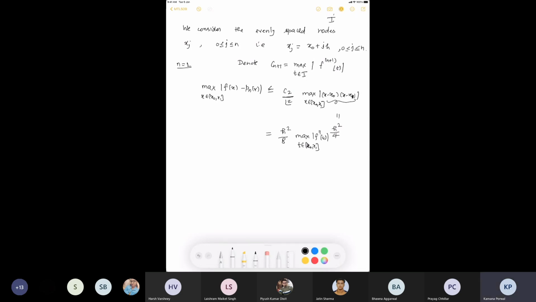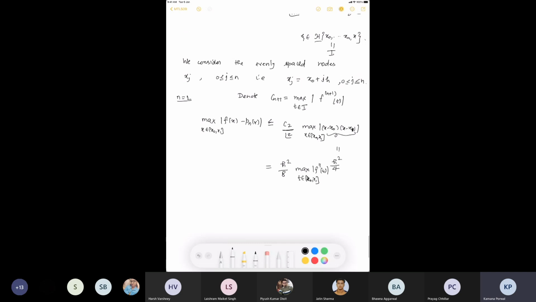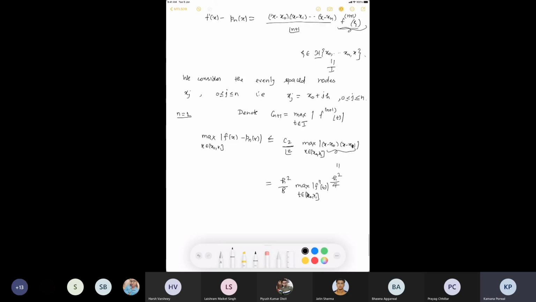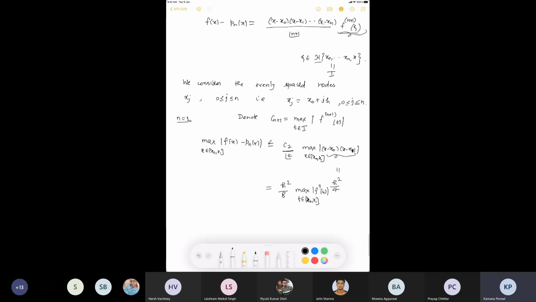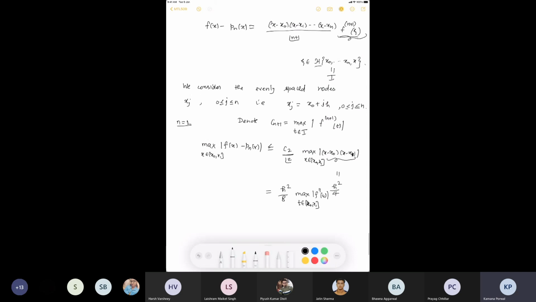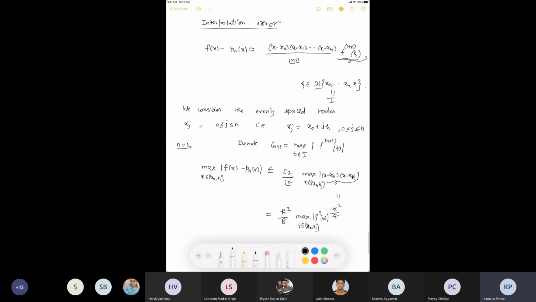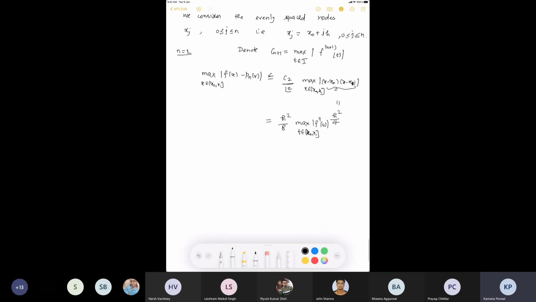Okay, so likewise, if you visualize what will happen in the general case, you have this function (x minus x0)(x minus x1) up to (x minus xn), and then the (n plus 1)th derivative at xi. If I write the general case, you can mimic the same steps.